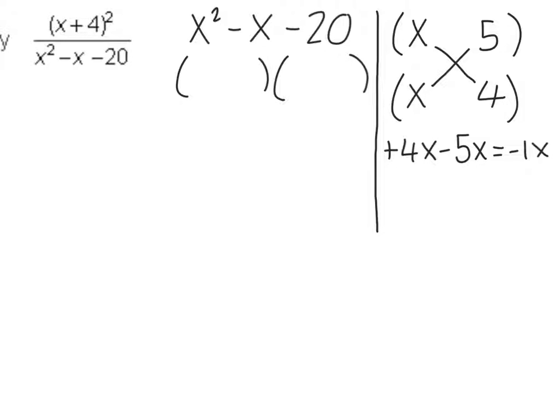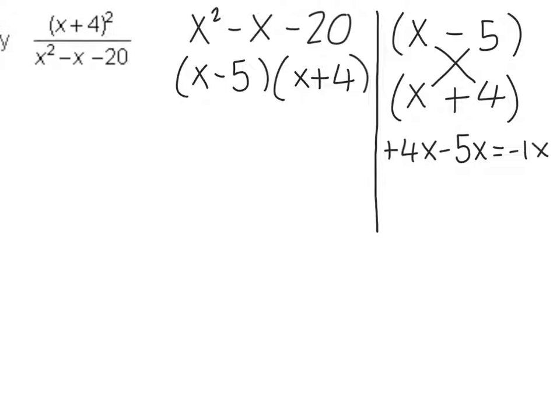So our x and 4 multiplied to give us a positive 4x, which means the 4 has to be positive, and then the x and the 5 multiplied to give us negative 5x, which then tells us the 5 has to be negative. Those are our two brackets which we need to write in beside each other, so that's x take away 5 and x plus 4.